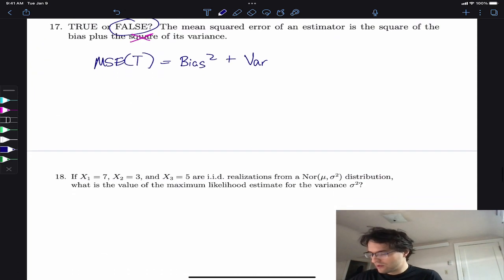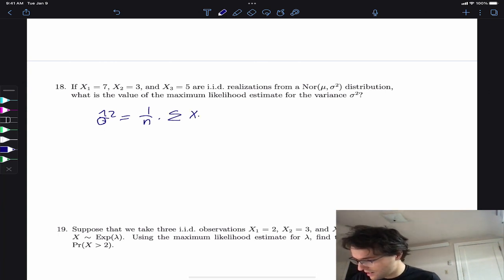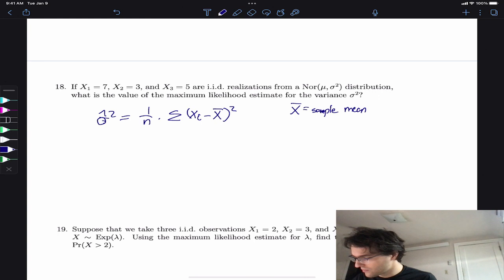So sigma hat squared, the maximum likelihood estimate for the variance, is equal to 1 over n times the sum of xi minus x bar, squared. And what is x bar? That's the sample mean. In this case, 7 plus 3 plus 5 divided by 3, which is equal to 5.